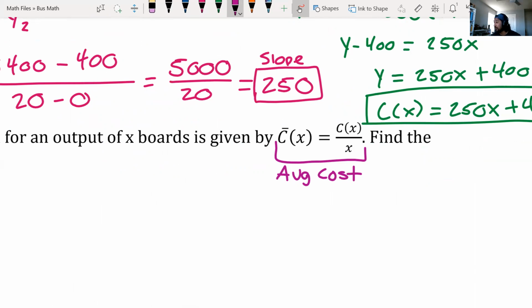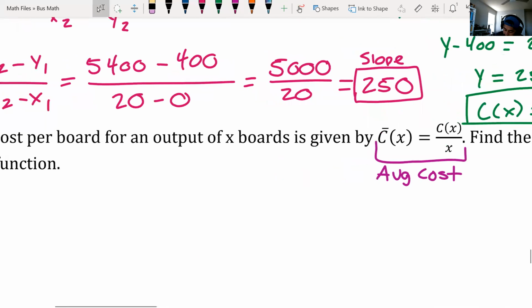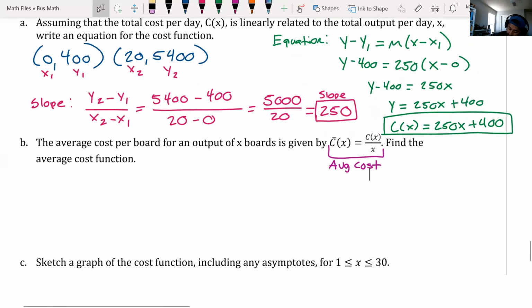In order to find it, the formula already has it laid out for us. You take the cost function and put it all over X. So we take the cost function we just found and put it all over X. This is all that it wants.